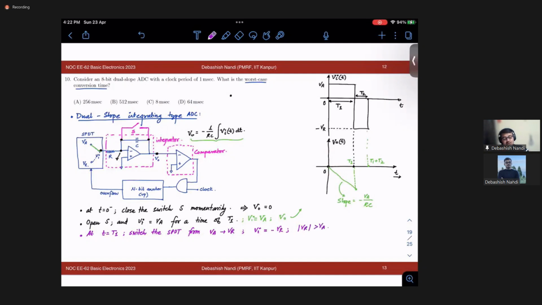Okay. What does that do? And let it be there until V out is equal to 0. That means at this point your output starts and becomes like this. The slope will be VR by RC. Or rather, let me say mod VR by RC. Fine.